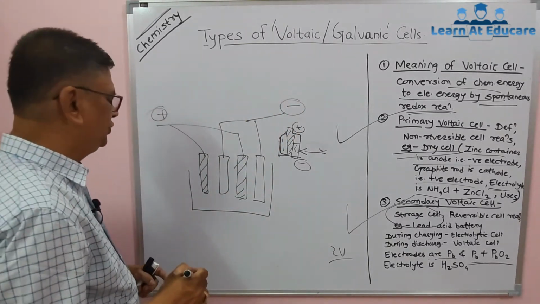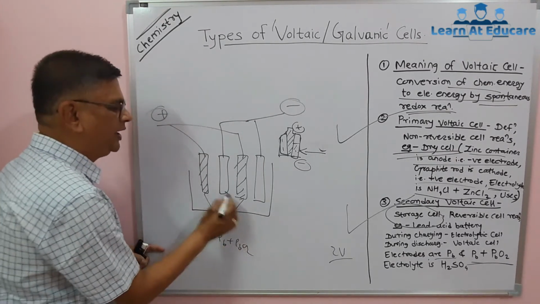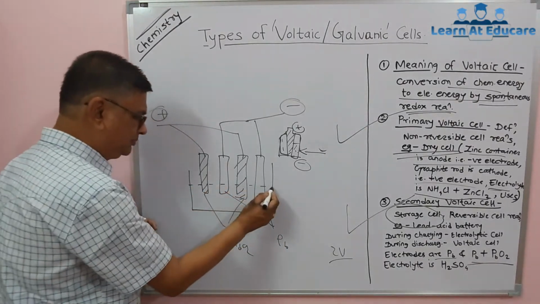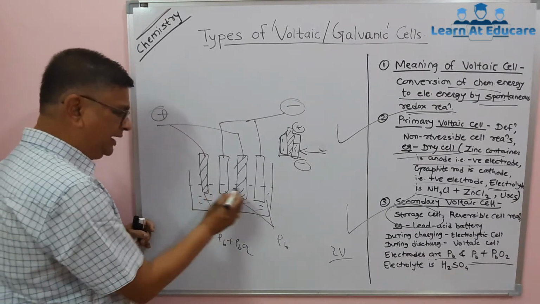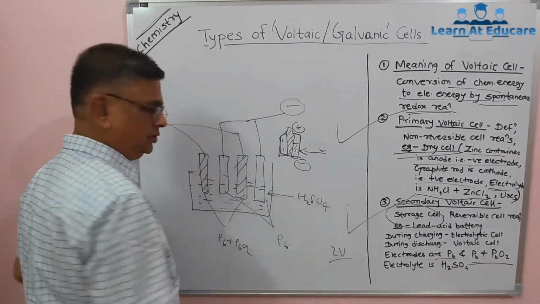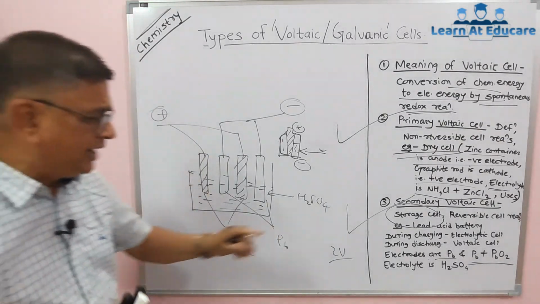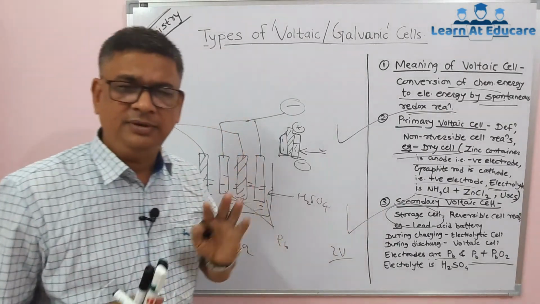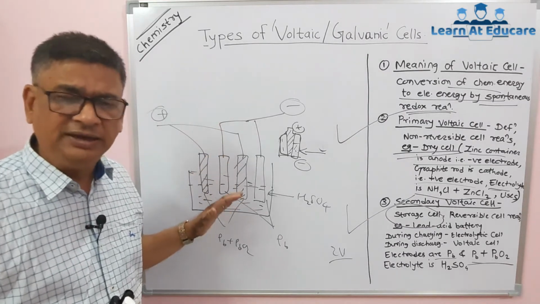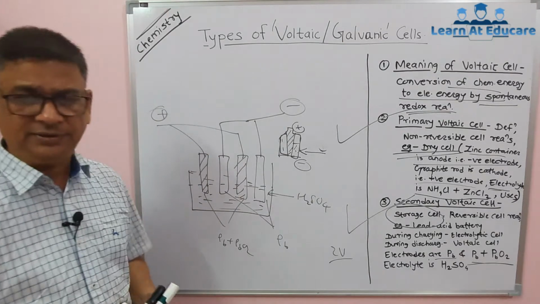It is necessary to know the positive plates consist of Pb plus PbO2, while the negative plates consist of Pb, means lead. And the electrolyte used is sulfuric acid. Remember, when the cell reactions are reversed, the anode and cathode reactions also get reversed, and that's why the cell can store electric energy, and when we require it we get it out.